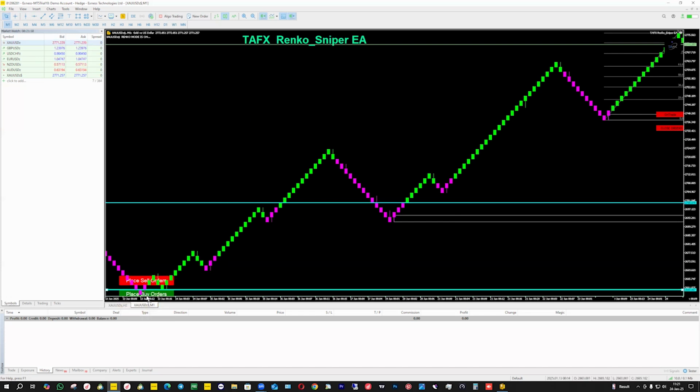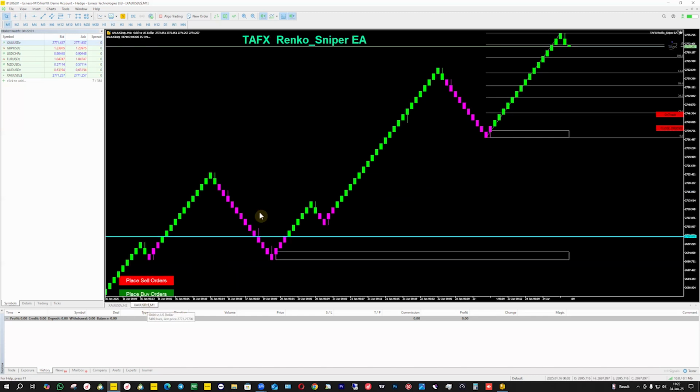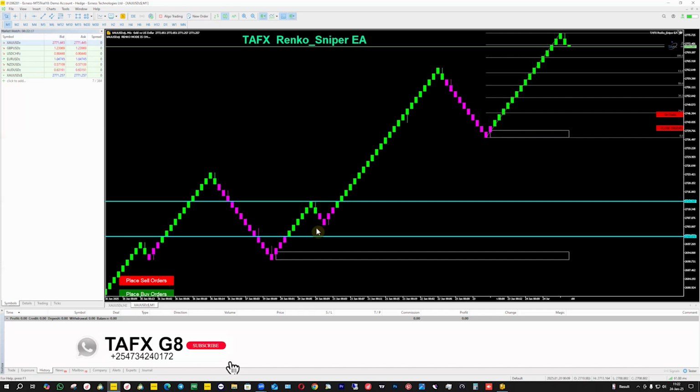So the pullbacks you are seeing at this point are filtered by the EA, all right, and it gives you another buy, or here another buy. So here you want to buy according to the formation. Again, the second signal is here. It will wait for one candle or one brick to close with a buy color, all right, golden color.